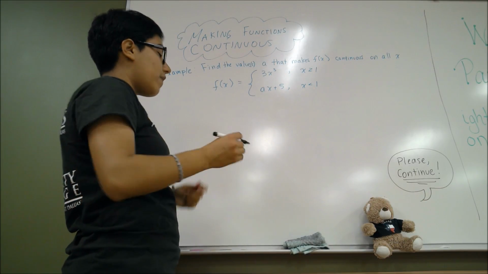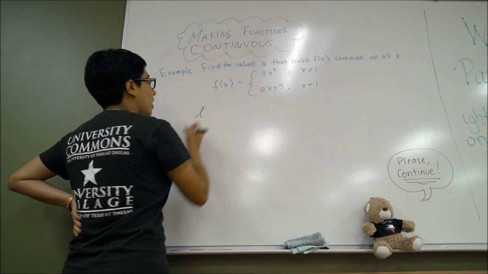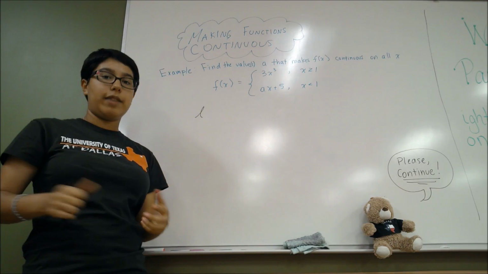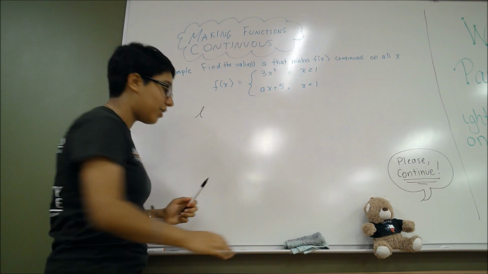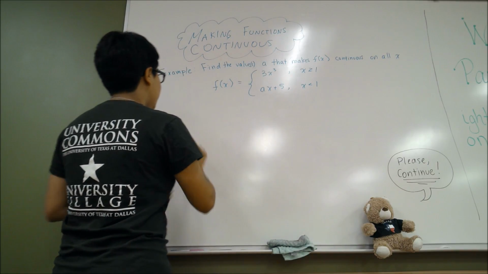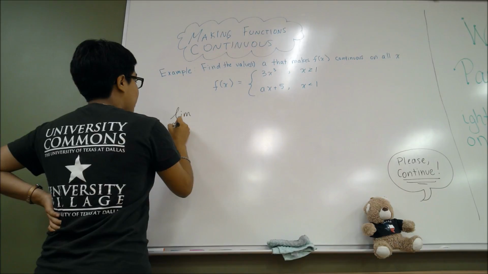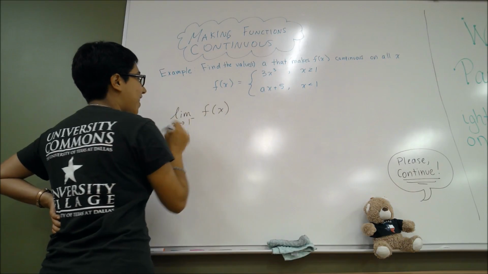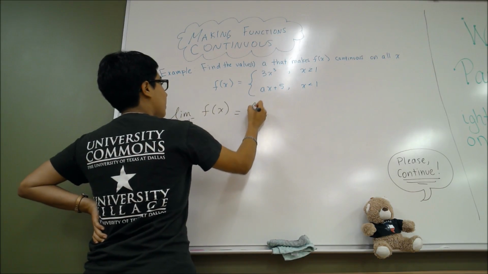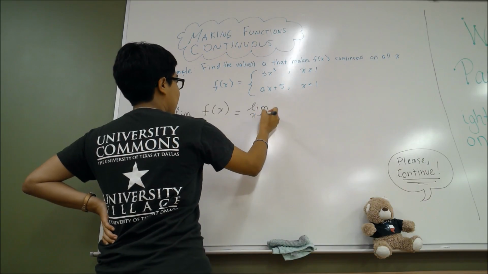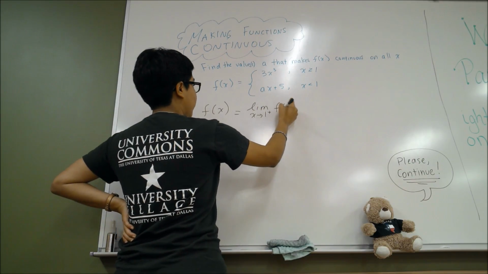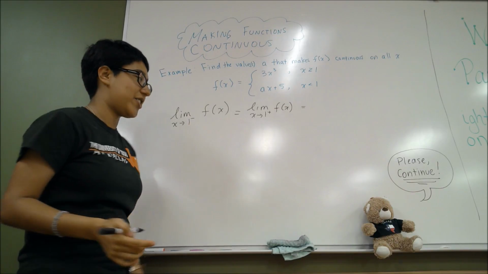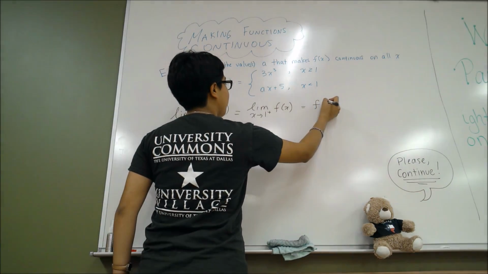So the best way of solving this problem is to go back to the definition of continuity. I'm just going to use the quick and shortened version of it, saying that the limit as h approaches 1 from the negative side of f of x is going to be equal to the limit as h approaches 1 from the positive side of f of x, and that's going to be equal to f at 1.